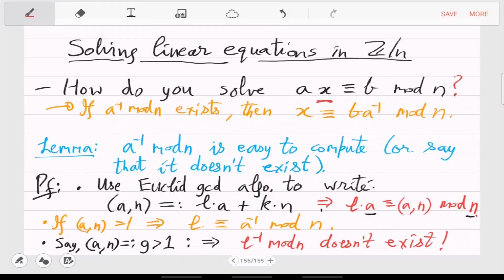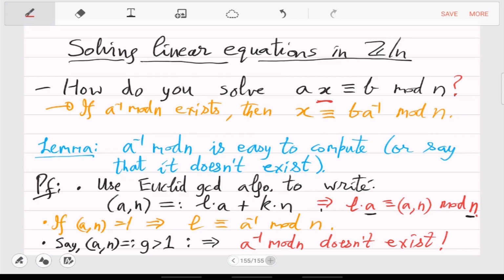So if the GCD of A and n is greater than 1, then the inverse doesn't exist. This we have kind of proved before in the previous slide, right? We had given that short proof that if an inverse exists, say x, Ax equal to 1 mod n, then you get a contradiction. So the same proof.